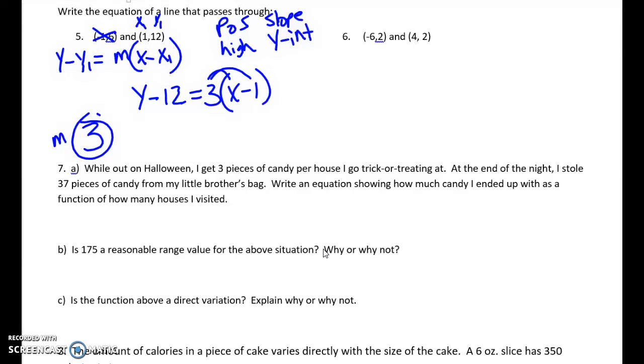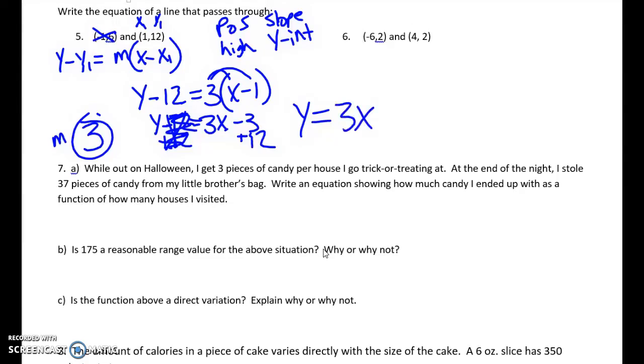Distribute. 3x minus 3. y minus 12 equals 3x minus 3. Get rid of this minus 12 by adding 12 to both sides. I'm running out of room here. So, I'm left with y equals 3x, negative 3 plus 12 gives me plus 9.